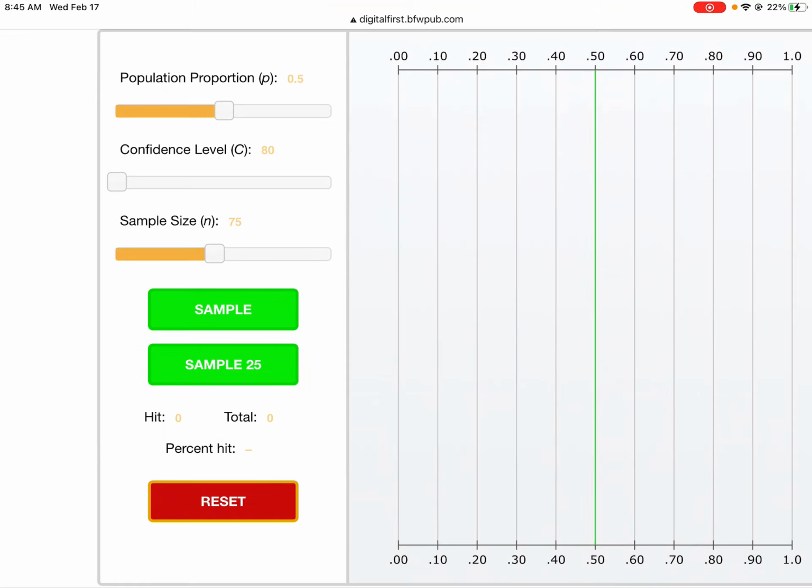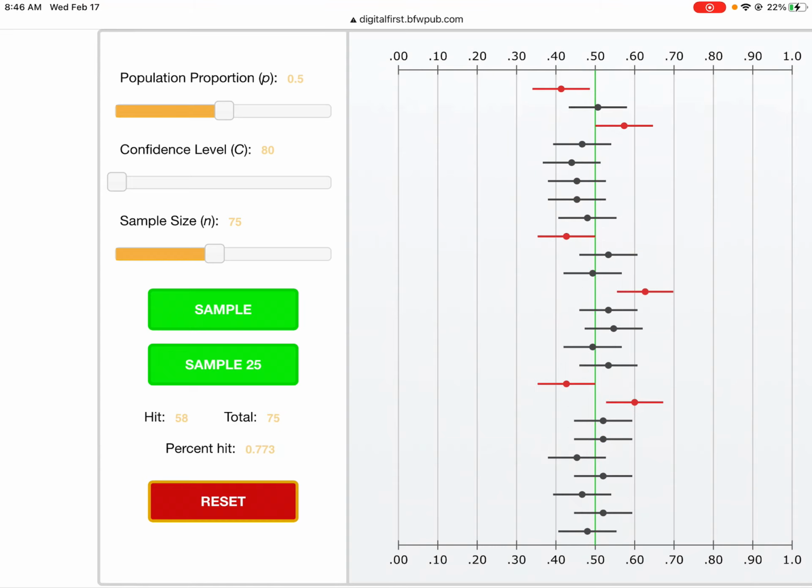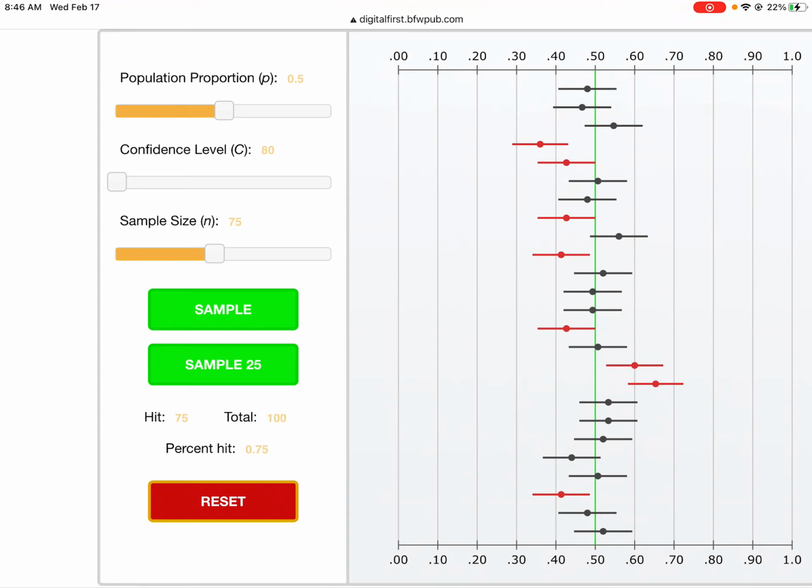Okay, wait, I have to click reset. And then I click a sample of 25 4 times. Okay, here you go. Now I have 75% out of 100. Again, you might get 76, you might get 70, you might get 80%. It will vary for as long as we did it correctly.